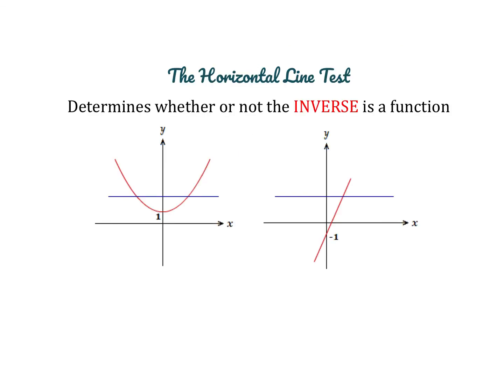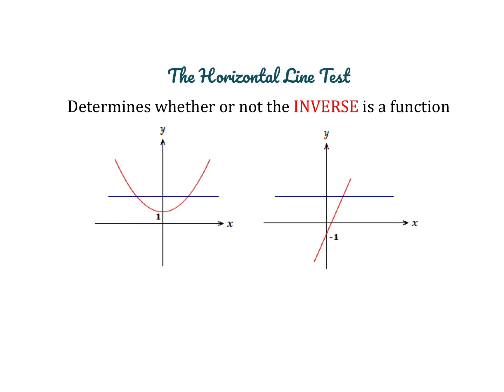So let's talk about how we can test to see if an inverse will be a function if we have the graph. So this is called the horizontal line test. So remember, we use a vertical line test to see if something is a function. We use a horizontal line test to see if it's a one-to-one function, which means that its inverse will also be a function.